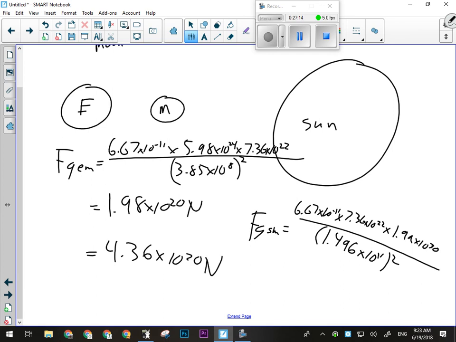So the moon is more attracted to the sun at that point than it is to the Earth. And the moon actually does wobble out when it's going through that part of its orbit, and then it comes back in once it starts to move back around. We don't have to worry about losing it to the sun anytime soon. So we just subtract those two numbers, and then we have our net force.